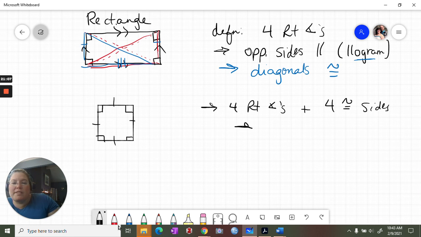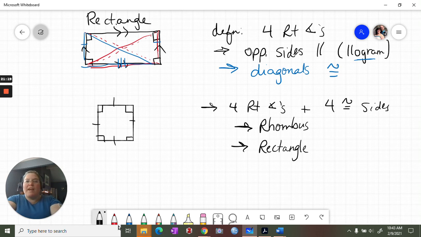So we just state that it is all the properties of a rhombus and all the properties of a rectangle combined into one. It's just that. Combine your rhombus list with your rectangle list, which means we also combine it with a parallelogram list, right? And that's our square.